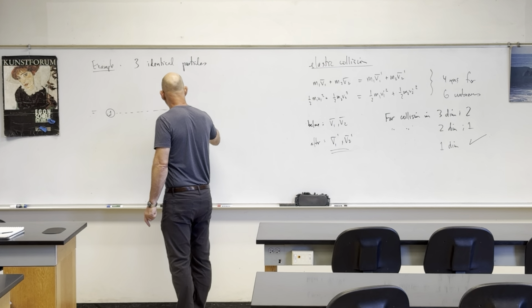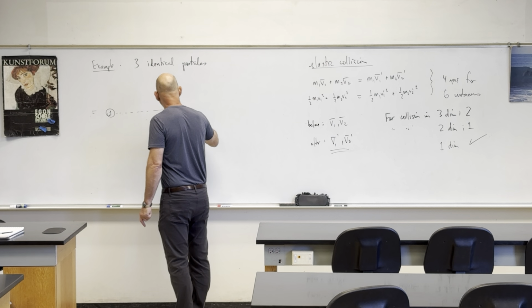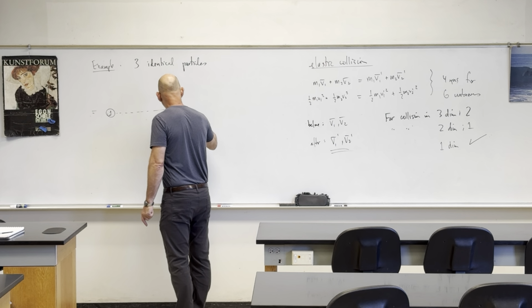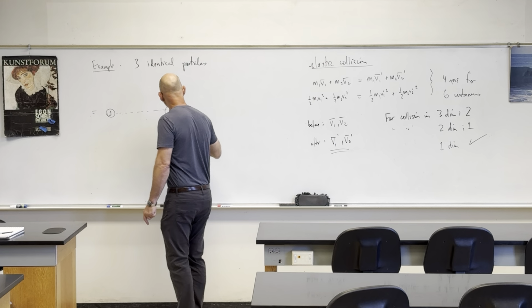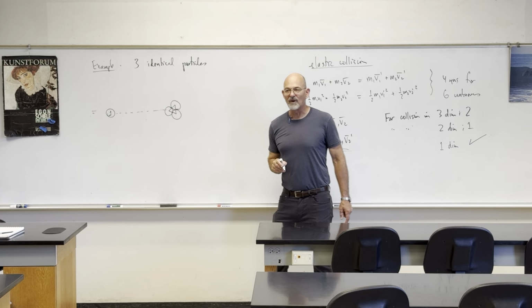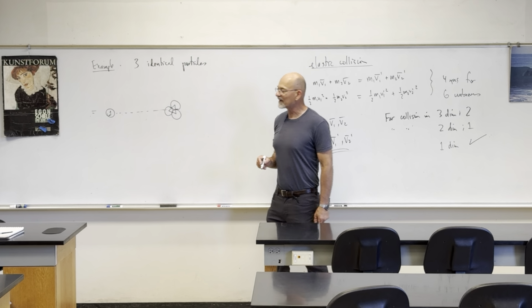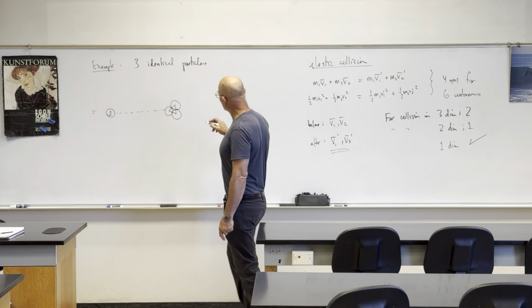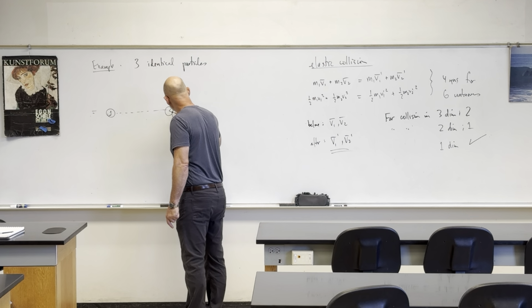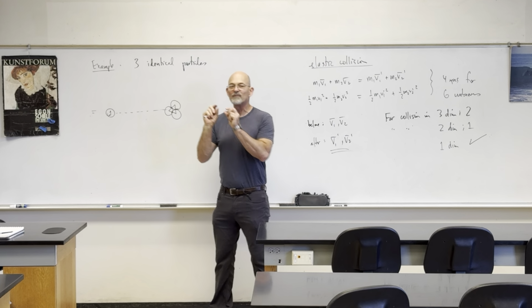If we have a particle collision like this, we have an equilateral triangle geometry. The particles have the same size, and they're perfect spheres, so they're only touching at one point.